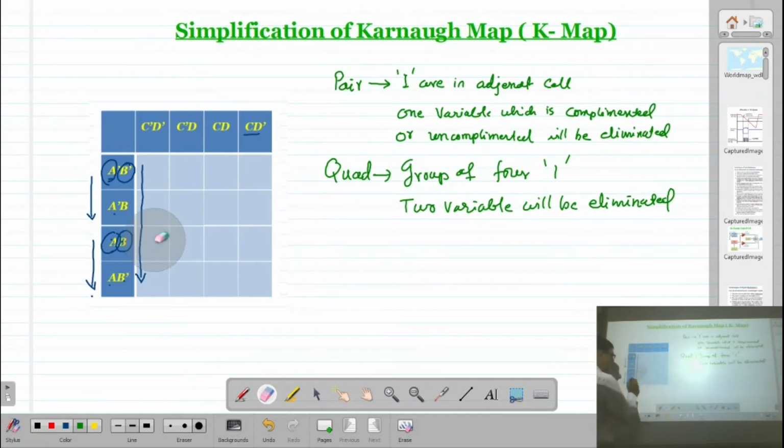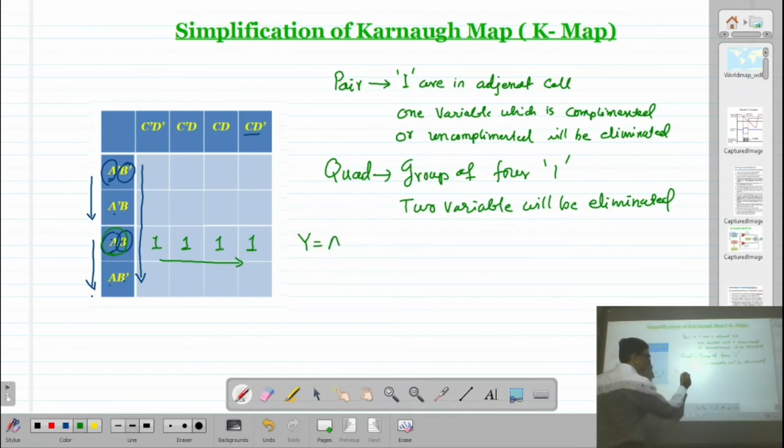Now let us see one more example. Let's suppose my high levels are here, here, here and here. Then what will be the expression? Here you have to see, when you are moving in this direction, what is remaining constant? A and B. Here AB is remaining constant, so my expression will be AB.